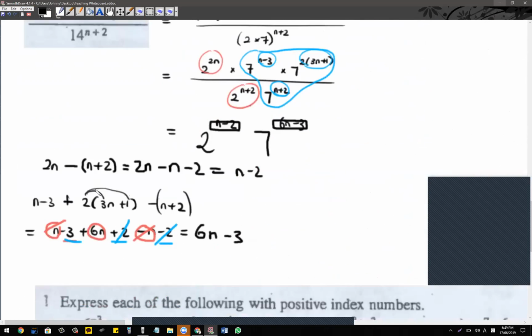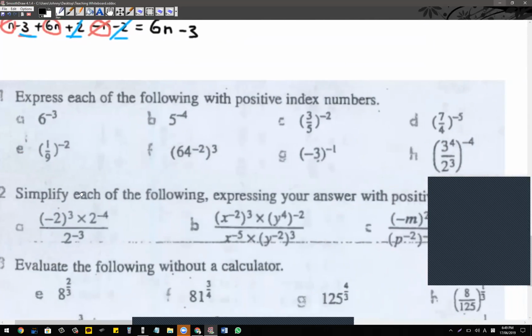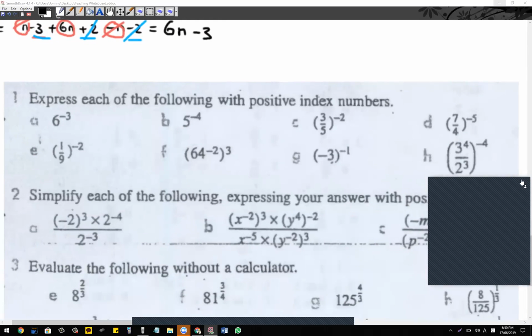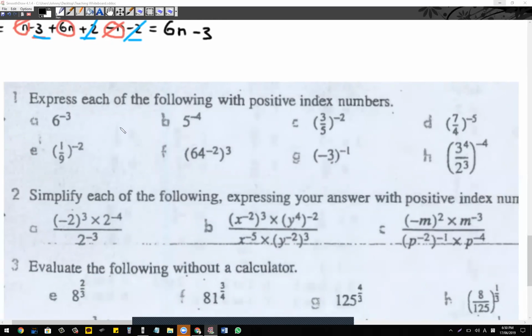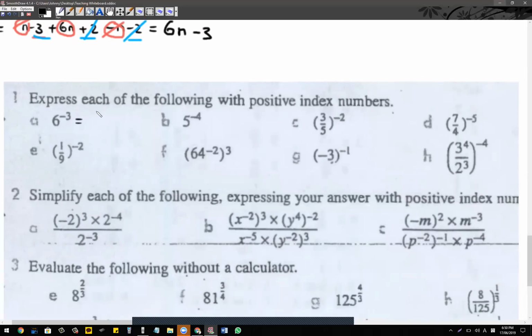So let's scroll down to this one. Yeah, we kind of covered the negative indices already. If you have a negative index, you can simply flip it, send it to the denominator. So that's the answer. This one here is the same as that.